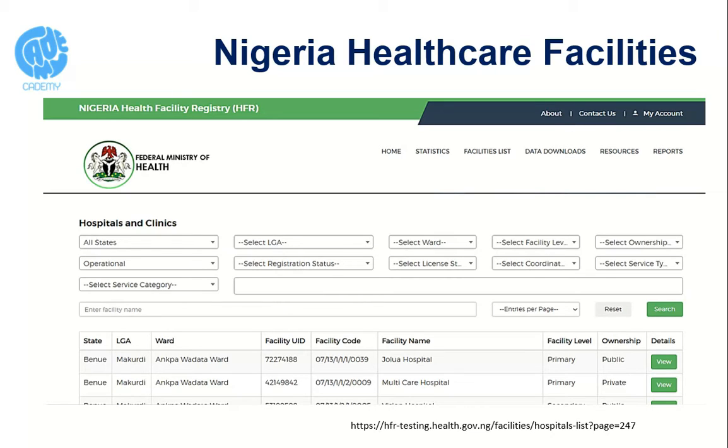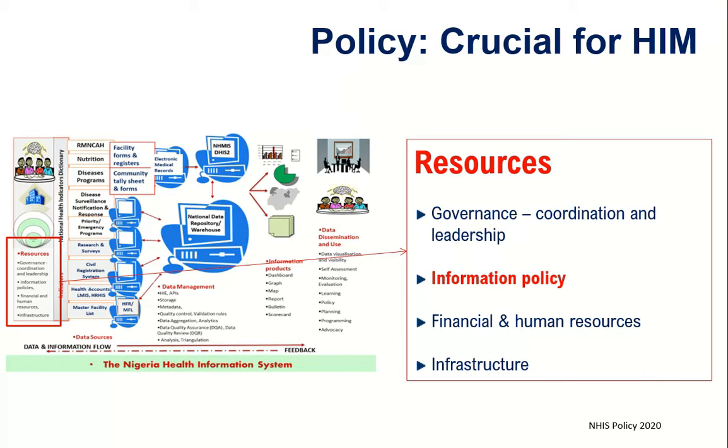It's a database we need to make reference to and make use of, and we need to know exactly how it's developed and how we can contribute to updating this, because if we know, we can cooperate in ensuring that this database is actually improved from time to time. And I can tell you that it is our responsibility as health records and information managers to support these activities very dearly. Back to our health information system framework from the National Health Management Information System.